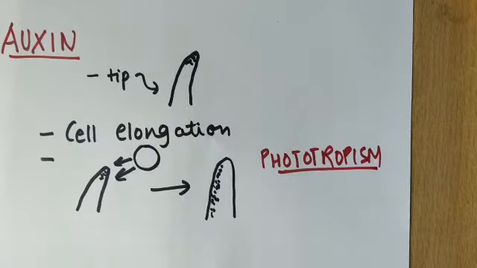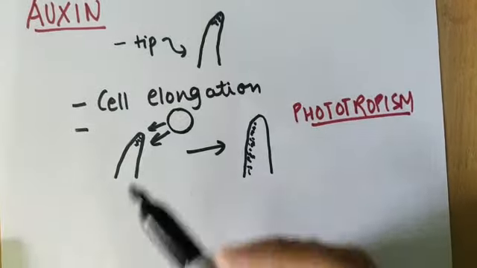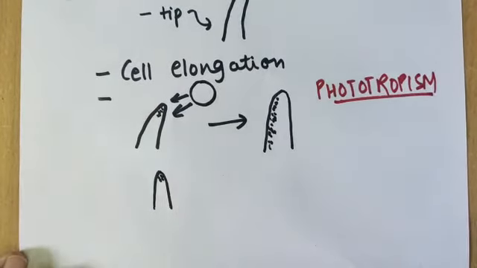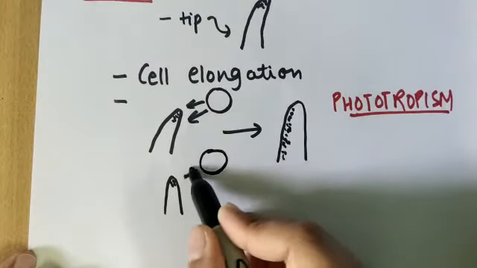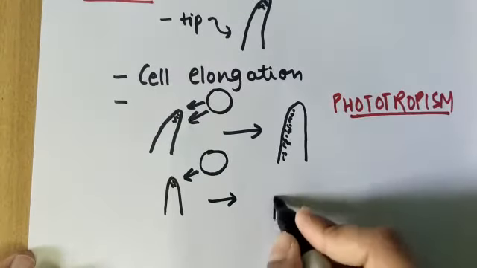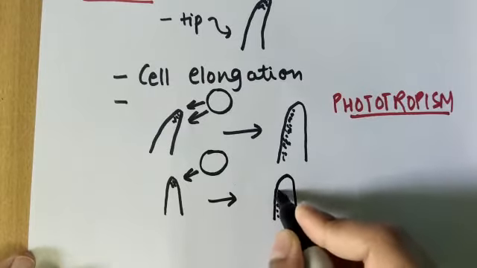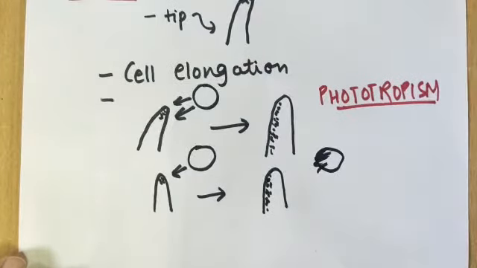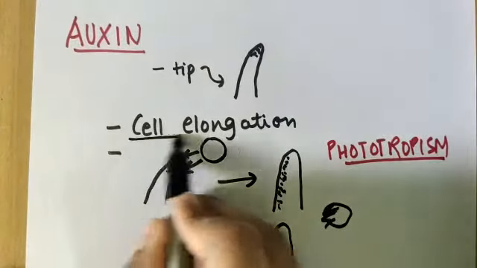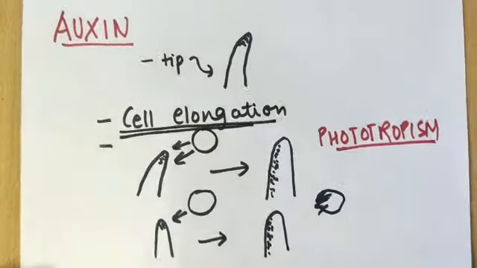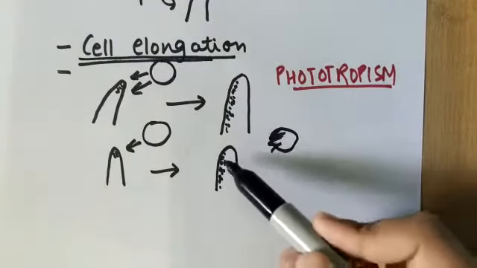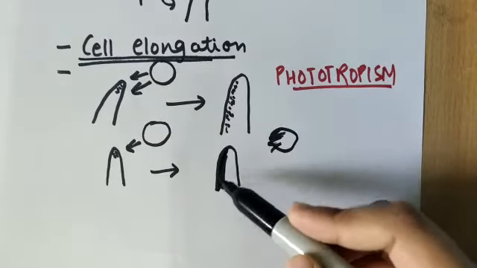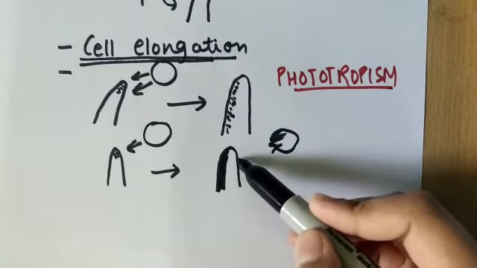So what's the reason behind it? As you know, auxin is produced at the tip over here, and now sunlight falls here. So auxin will try to go this way, into the darker region. And as I told you earlier, auxin helps in cell elongation, so these cells will elongate because the concentration of auxin is more here as compared to here.